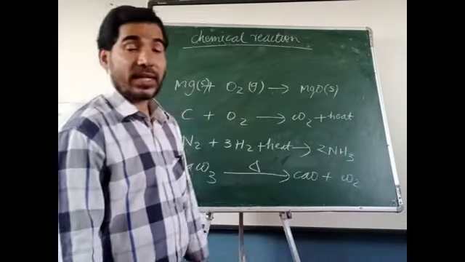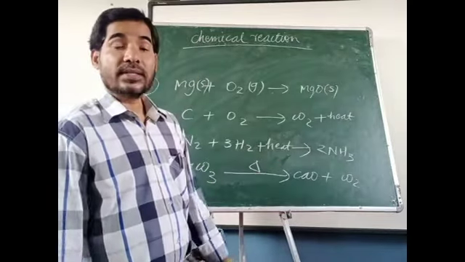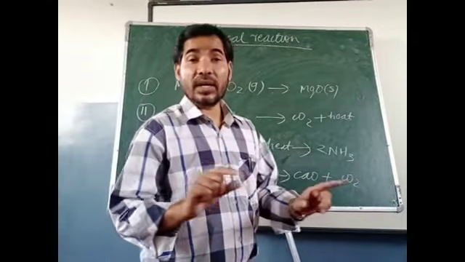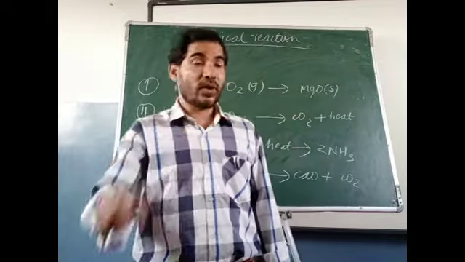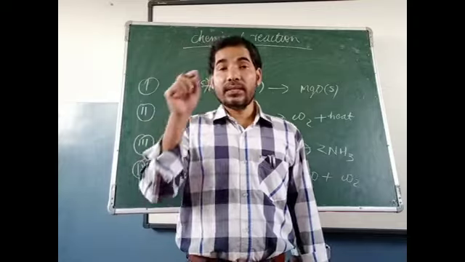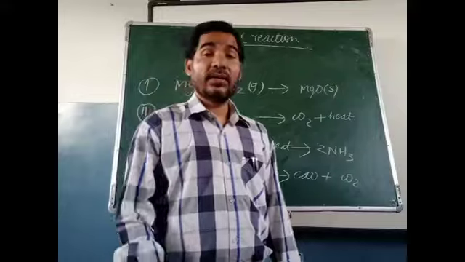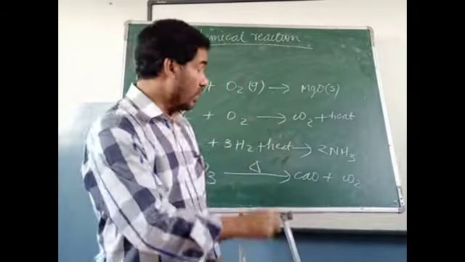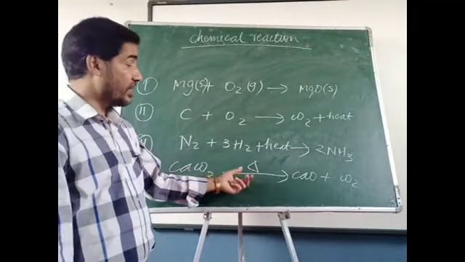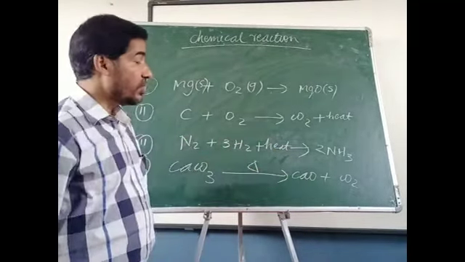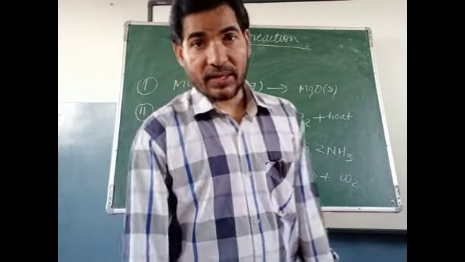You are seeing here, I have written a sign of delta, the sign of heat, just above the arrow. It means if in a chemical equation anything is written just above or below the arrow, we can say that the chemical reaction is a conditional reaction, where the condition is written above or below the arrow. Since in this reaction the delta sign is written above the arrow, it will be the example of a conditional chemical reaction.